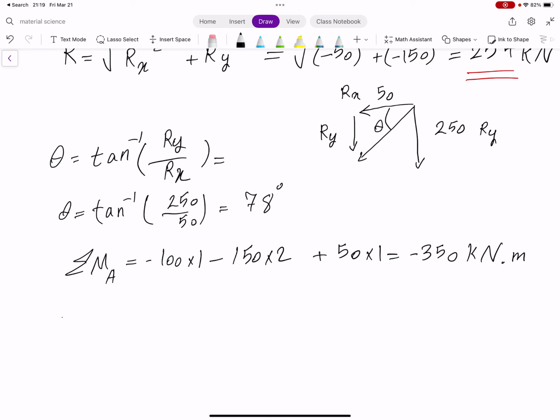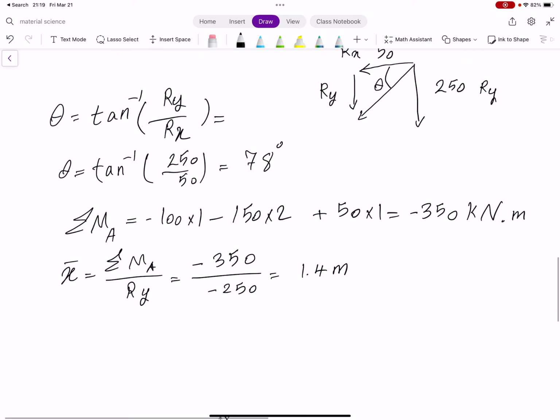The next one is x bar, the summation of moment about point A divided by Ry. We have all of them, so we just put the numbers in there. Ry was minus 250. That gives you 1.4 meter.